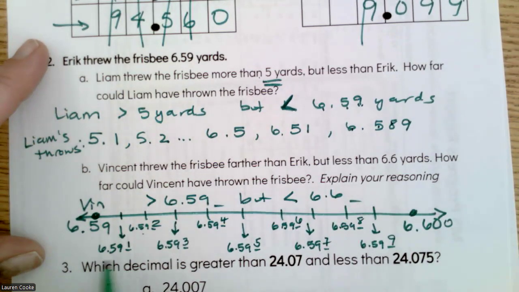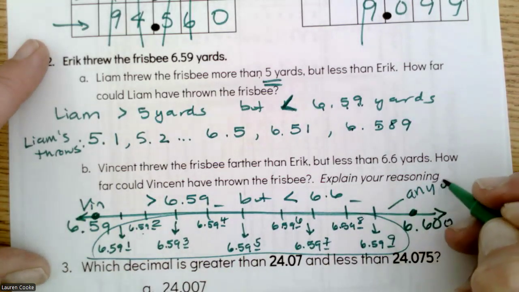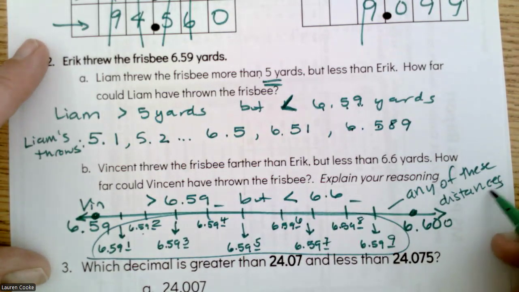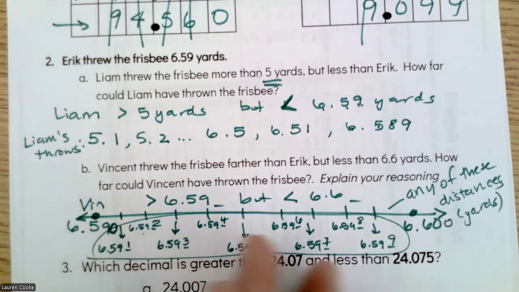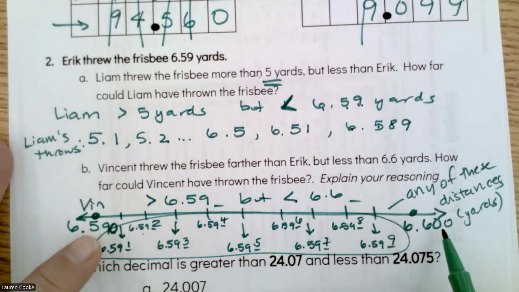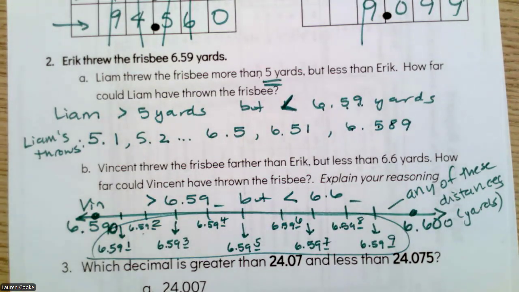Well, he could have thrown it any of these distances in yards. Take a moment to see that. I had 590 thousandths here, and then I went to the next group, which after 9, 10, just bumps up the tenths place.